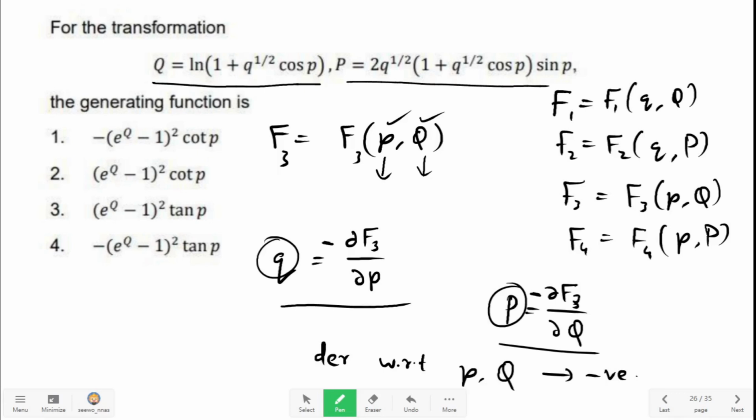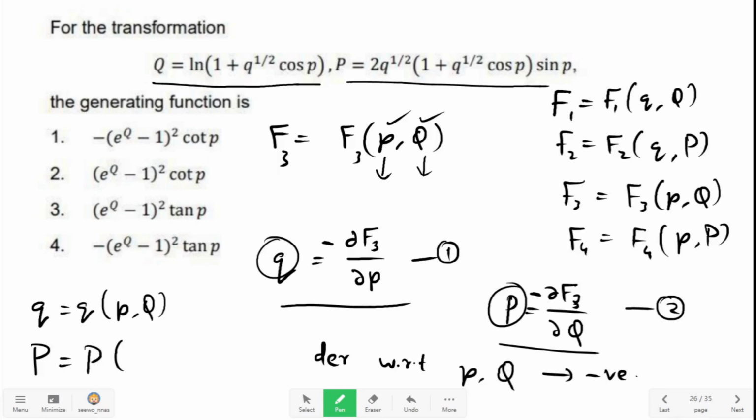So we have to write small q as a function of small p and capital Q, and in the second differential relation we will write the LHS, capital P, as a function of small p and capital Q.